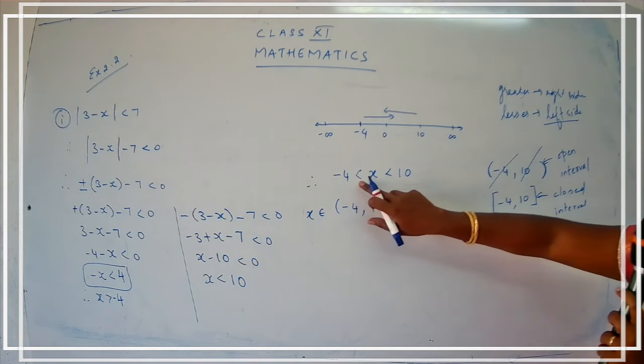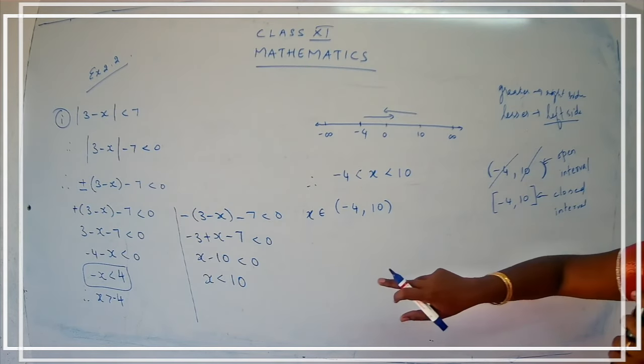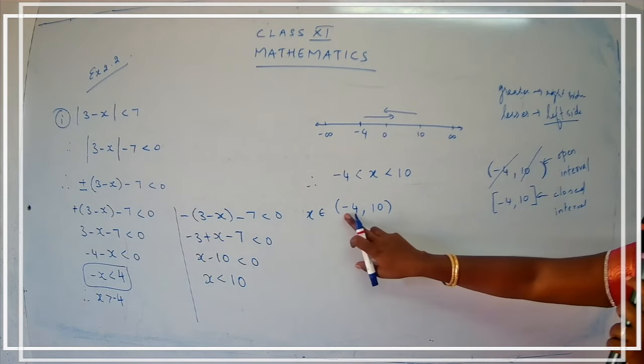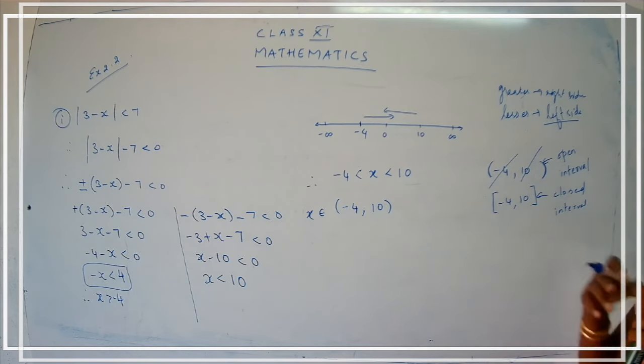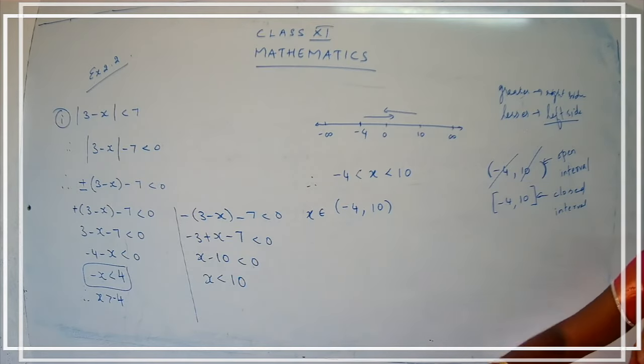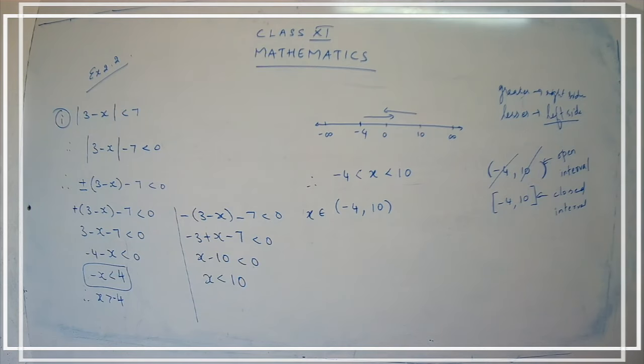Minus 4 less than x less than 10. So how are you going to write the interval? x belonging to the open interval minus 4 comma 10. That means minus 4 is not included, 10 is not included, but we have the values between minus 4 and 10. Are you clear, children?